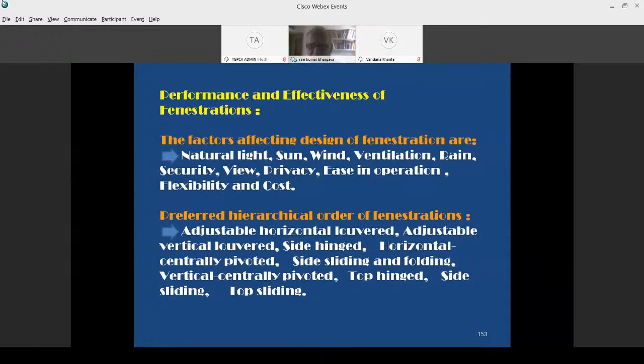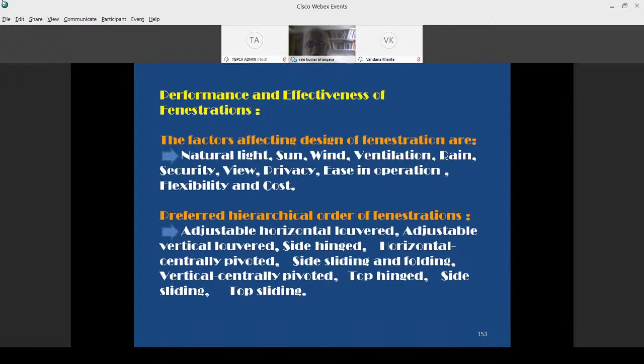So such operations were possible with this type of window. There is a centrally pivoted window. As far as the hierarchical order of my studies is concerned, it is then the horizontal folding window, then vertical centrally pivoted window, top hinge window, and side sliding or top sliding window.